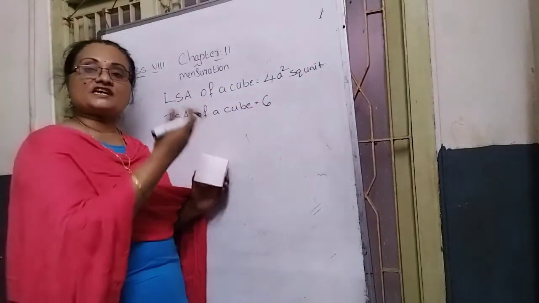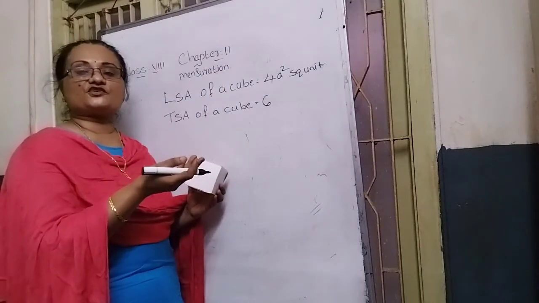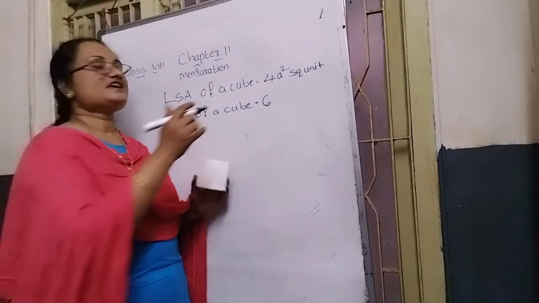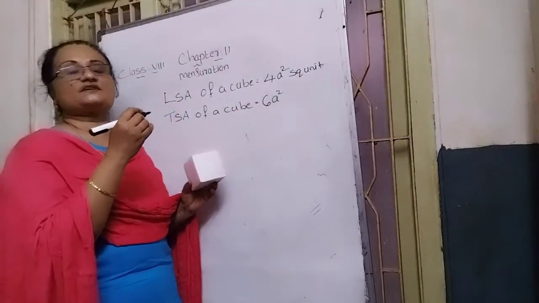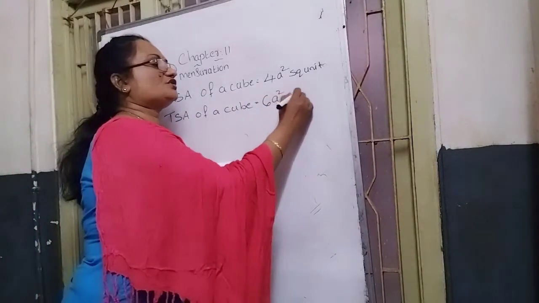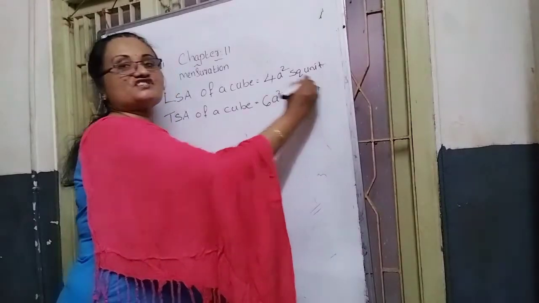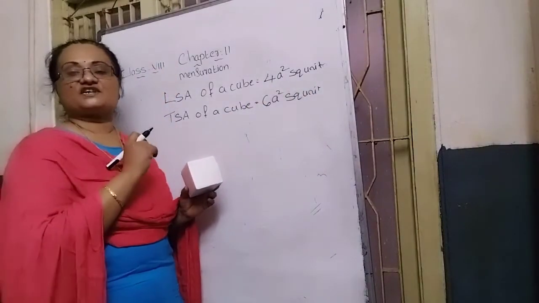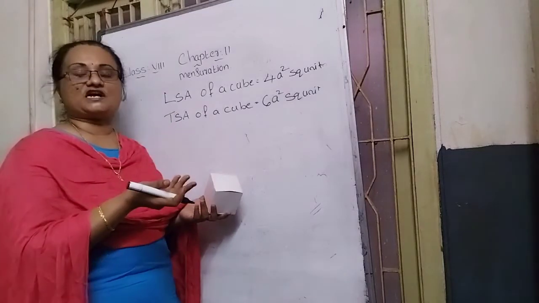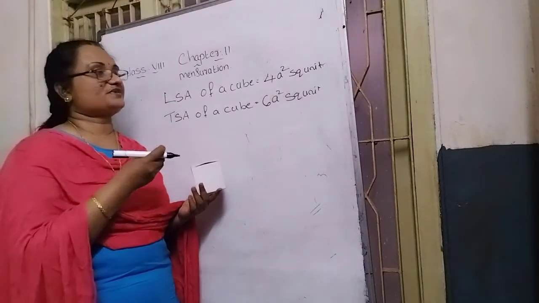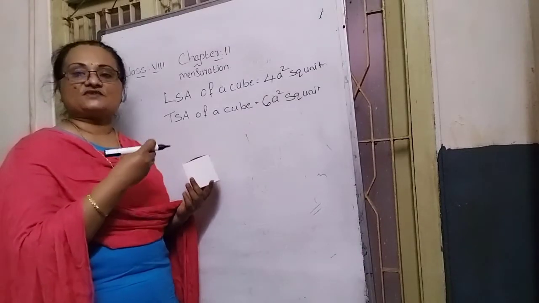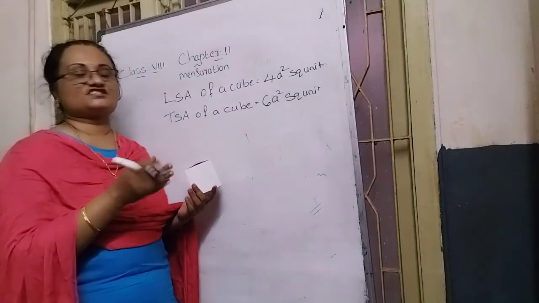So 6 into the area of a square, side into side, a squared. So 6 times the area of the square. The unit is a square unit in the answer: if the side is given in meters, we write square meters; if in centimeters, square centimeters.